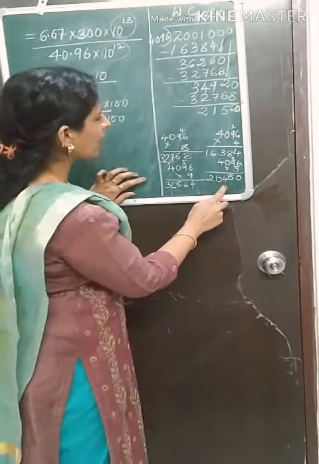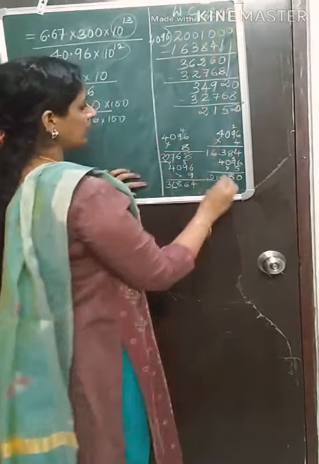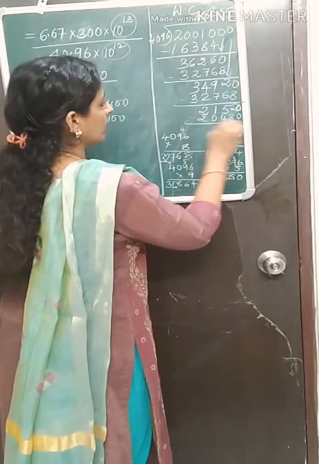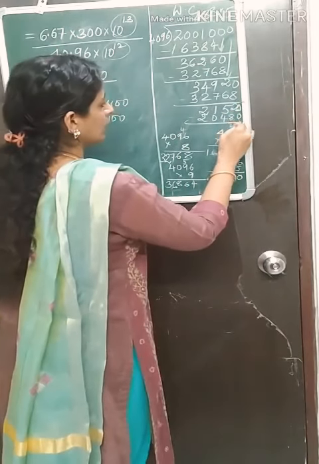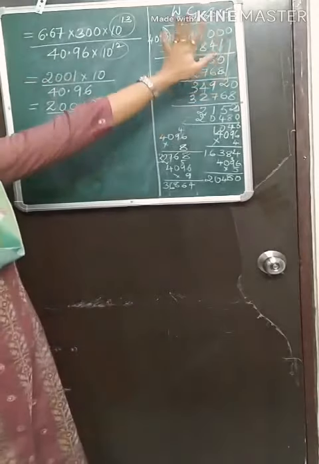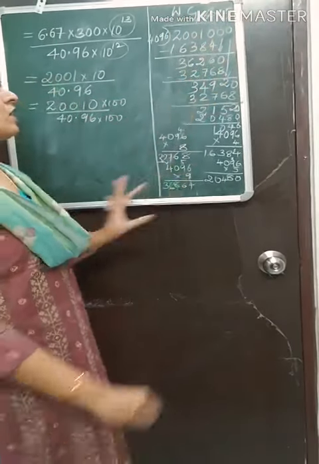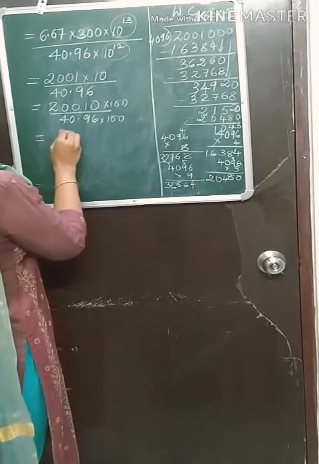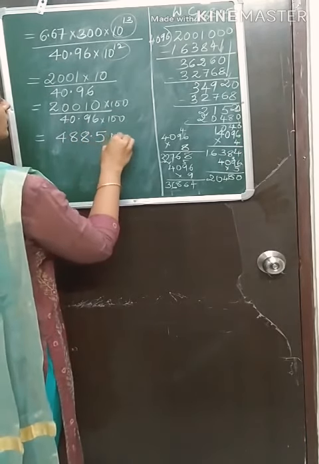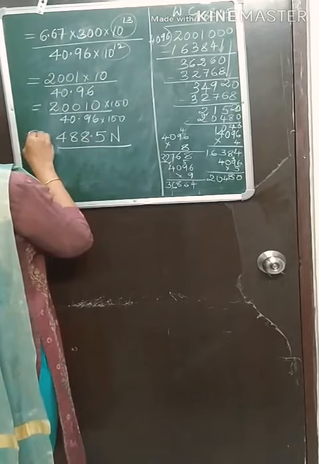Which one? 5s, 20480. One decimal place is enough, so we got our answer. It is 488.5 Newton.